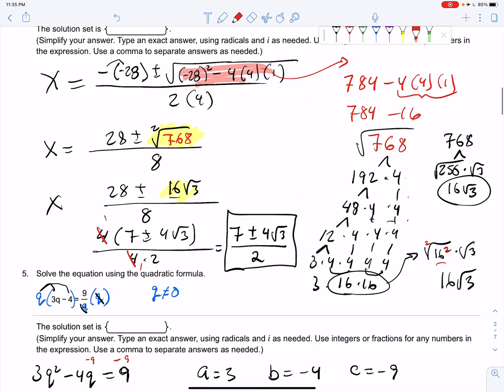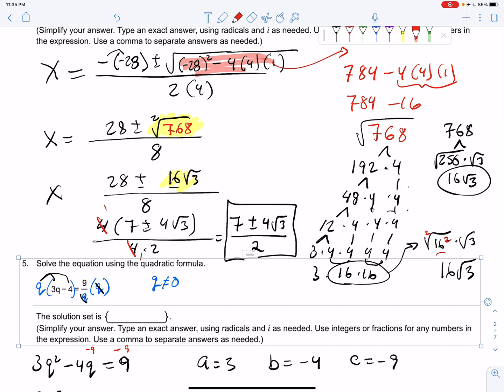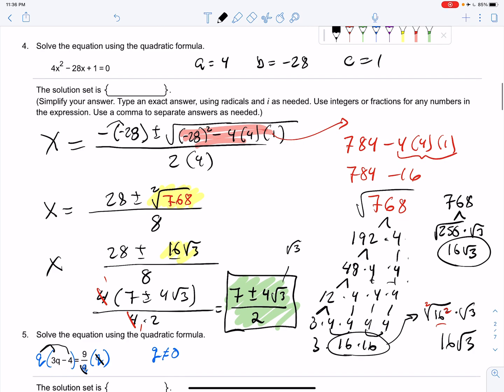But when we see an answer like this that shows something irrational, and what's doing it is the square root of 3, right? That does not simplify down, and that's irrational. When you see something like that, you know that that original problem, this guy right here, was not factorable.